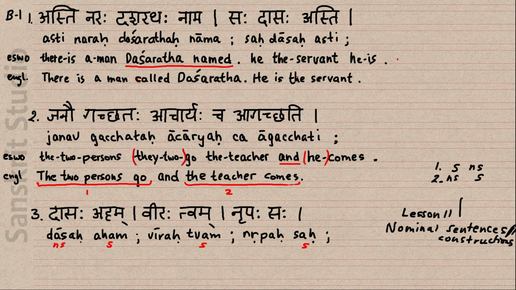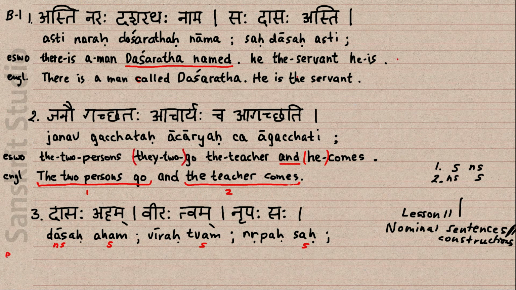It's not dasaha asti. It's aham asmi, since I am interpreting this sentence with syntax 2. But you can go to lesson 11 to see how I do it there, if you're interested in more details.